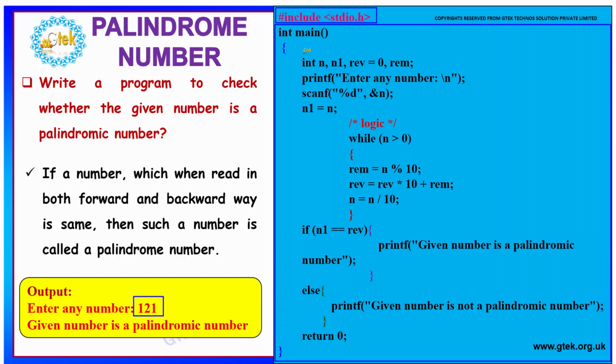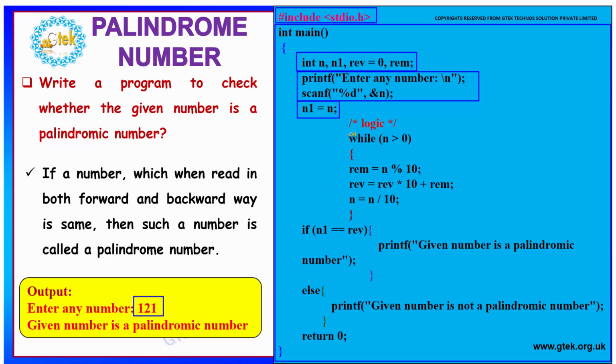Then we are declaring the necessary variables, followed by a statement to get the number from the user. Here we've got the number 121, so we are scanning 121 and storing it in n. The value of n is assigned to n1 so that we can check it further.